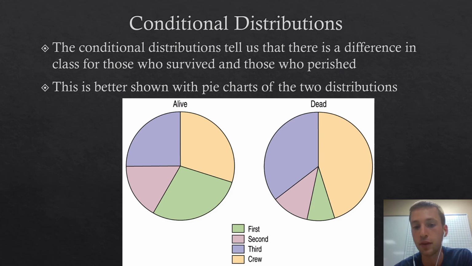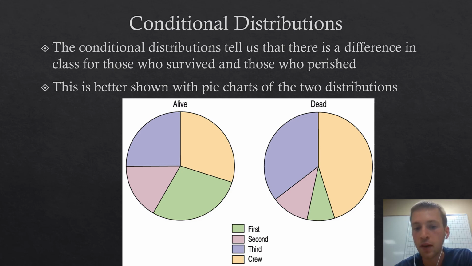So for example, if we look at the extreme for first class on the left side in the alive, that's a pretty significant chunk, right? I mean, it's a little over a quarter. Whereas if we look at those who died, that's a very, very small green sliver on the right pie chart. If we compare that to the third class, that's this purple color. For alive, maybe a quarter of the people who lived were third class.